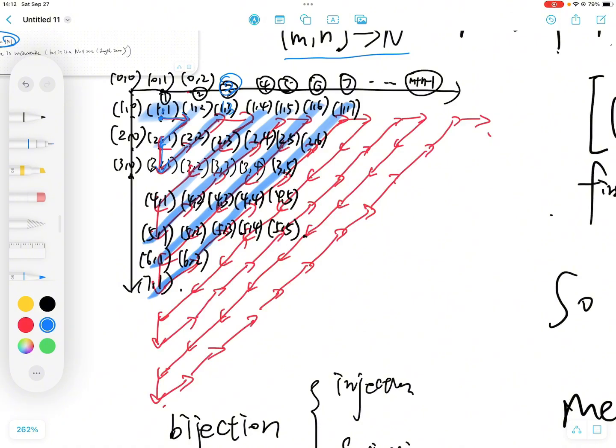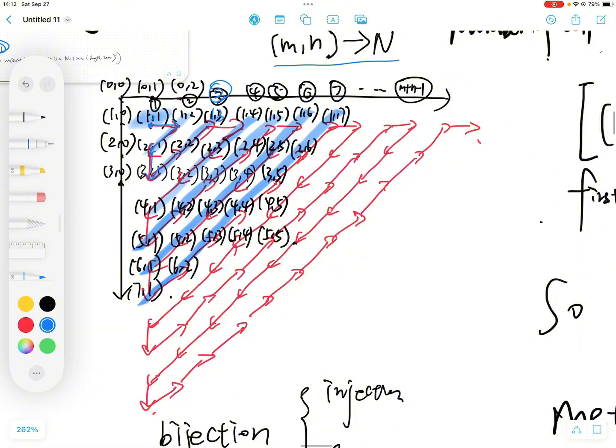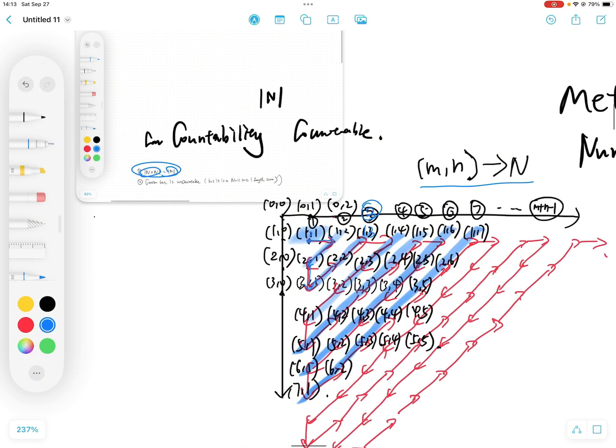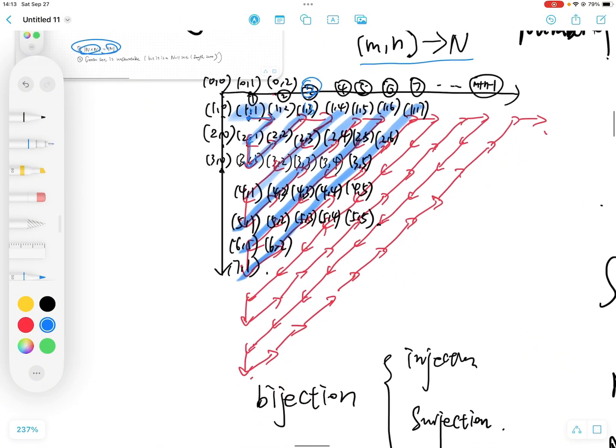For the surjection, I will say for every number in N, there always exists an (m,n) that corresponds to it, because they are both infinite and this diagonal could go on forever. And so I have constructed a bijection. This bijection means they have the same number of elements.